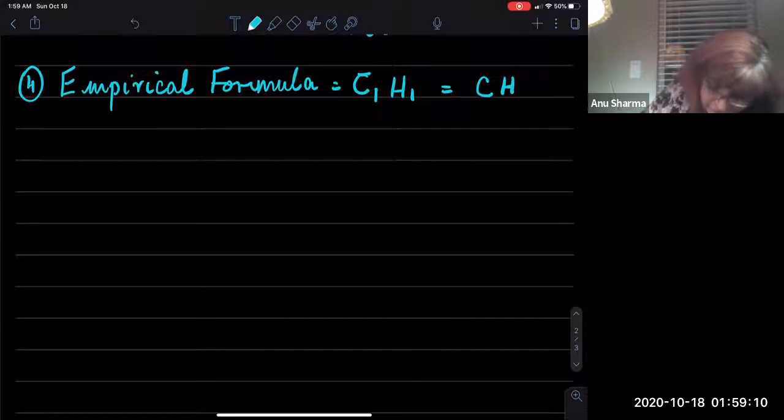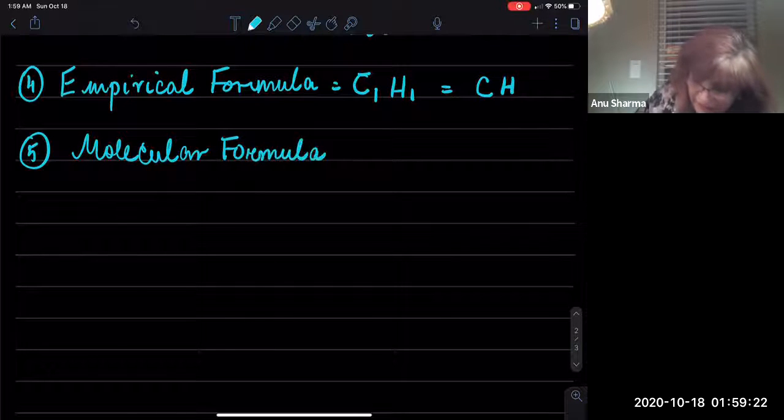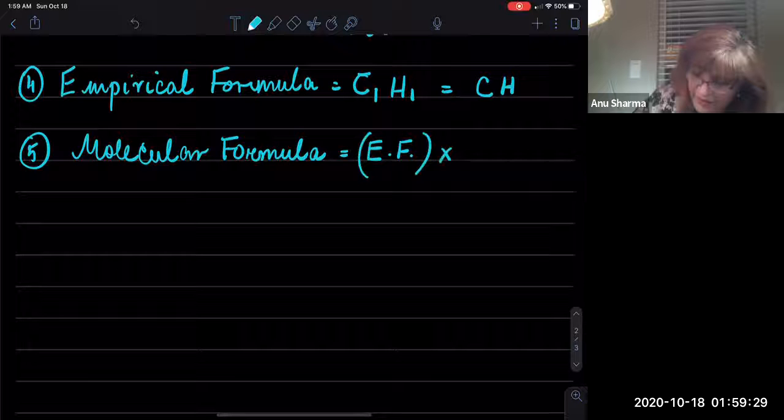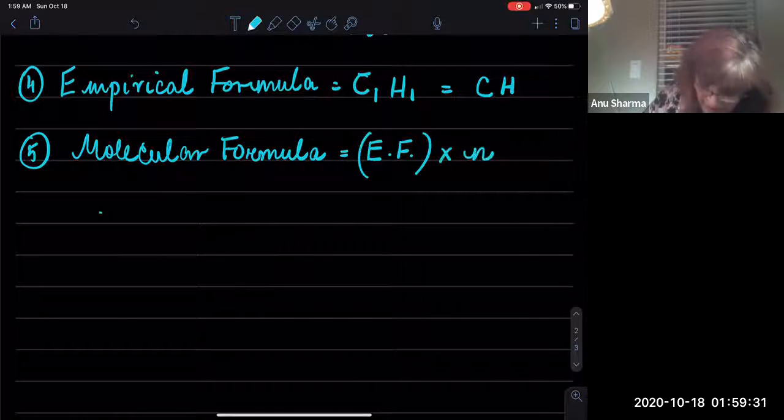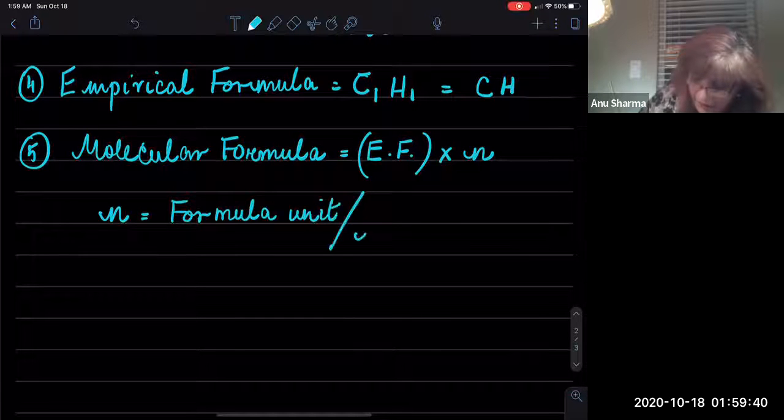Then the next thing we're going to do is calculate the molecular formula. How would you do that? The molecular formula is the empirical formula multiplied by N. What is N? N is the formula units per molecule.